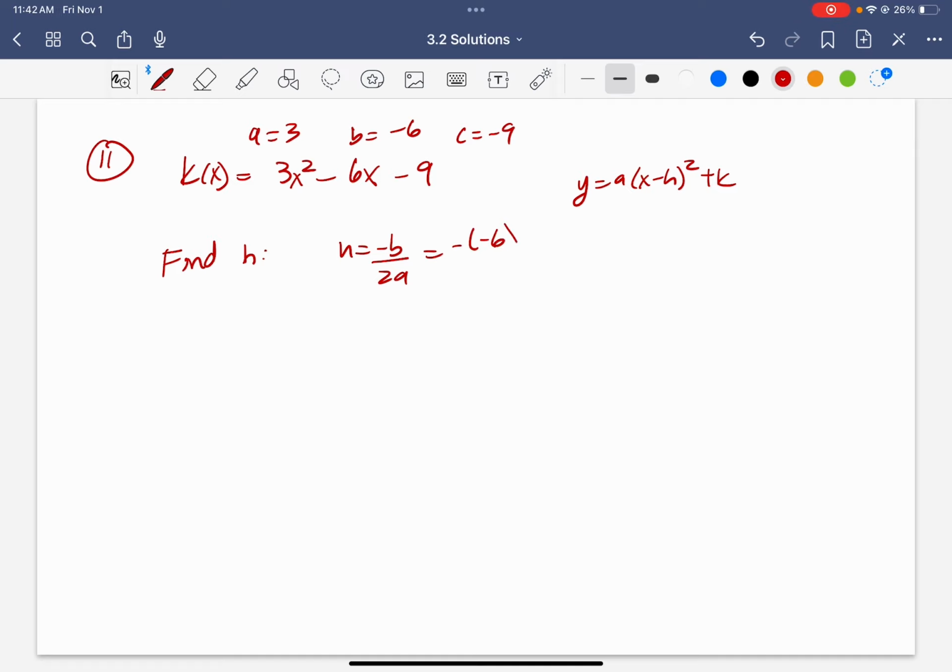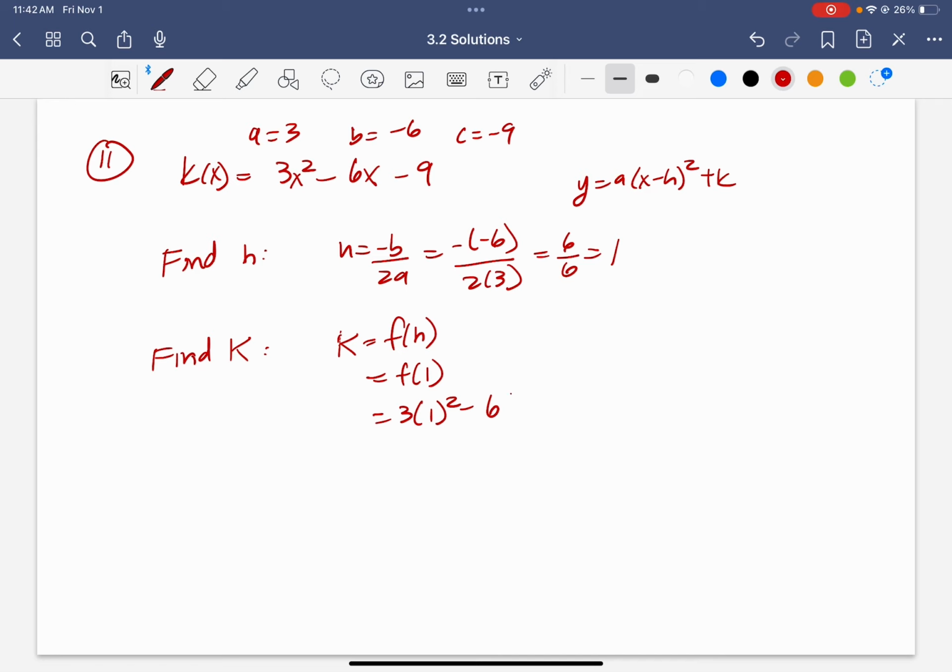So it's negative 6 over 2 times 3. So it's 6 over 6, which is 1. Then I find k, which is just f of h. So it's f of 1, which means it's 3 times 1 squared minus 6 times 1 minus 9. It's 3 minus 6 minus 9. Which should be negative 12.